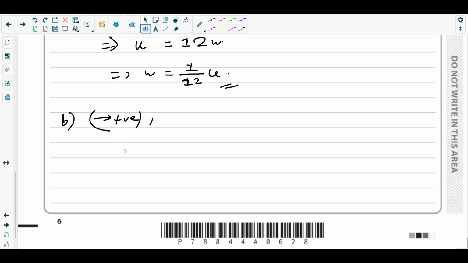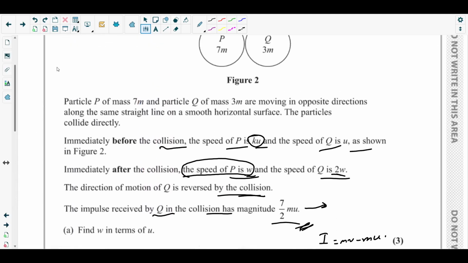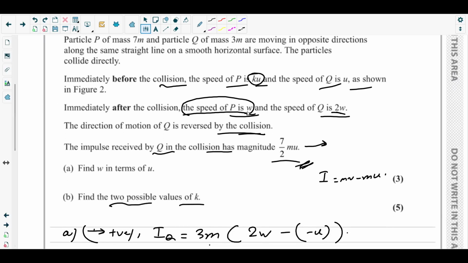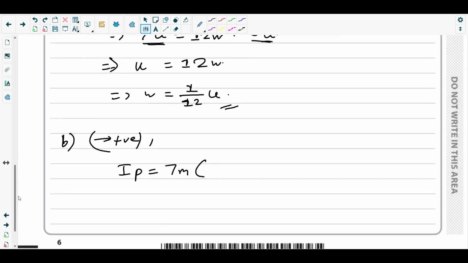Okay, so impulse on p is equals to mass of particle p, it's 7m, times velocity after collision. Let's say velocity of particle p after collision is to the right. So how much is the speed given after collision? It's just w, and w is 1 over 12u.